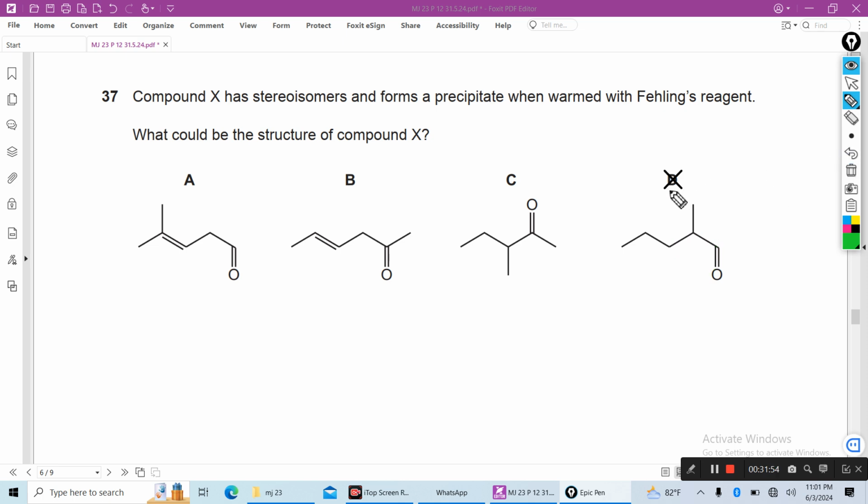So compound D shows stereoisomers because it has a chiral center. Now compound A has no chiral center and it has a double bond, but this CH3 and this CH3 are the same group, so it will not show geometric isomers.